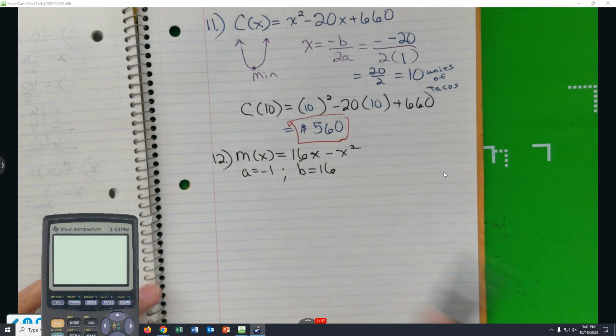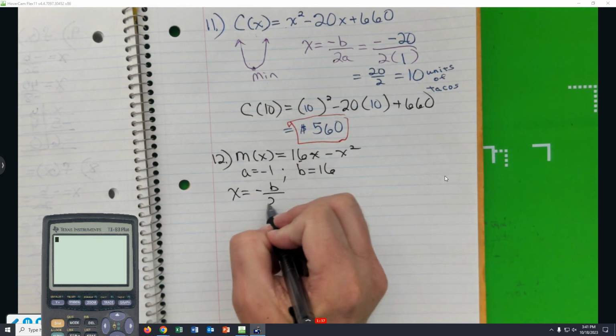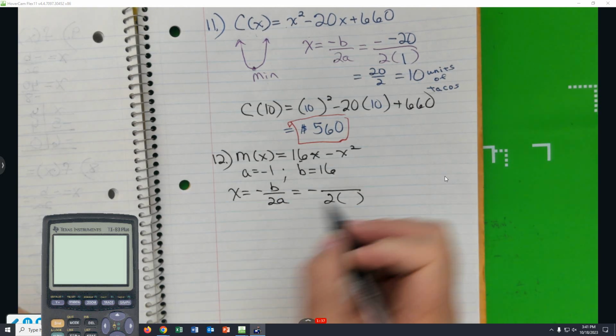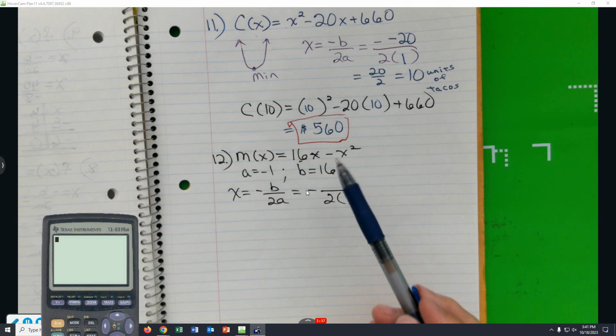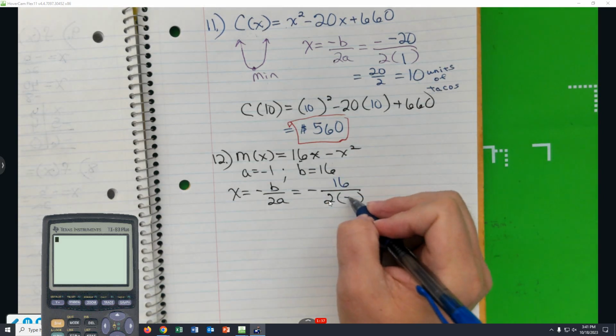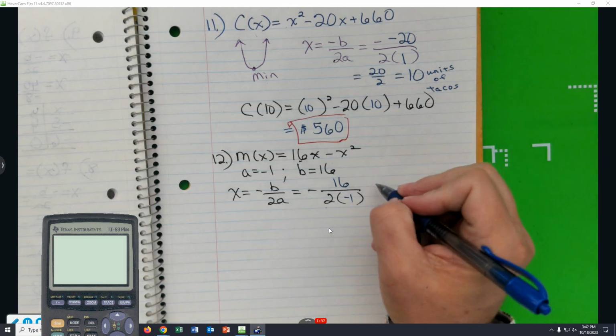Oops. So let's use our vertex formula. And you said B was 16 and A was -1. So what is that? Negative 16 over negative 2. What's that going to give us?